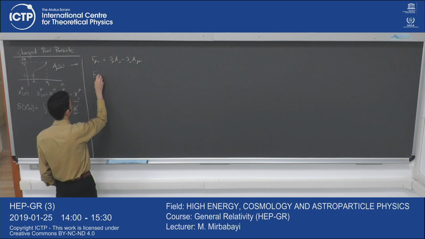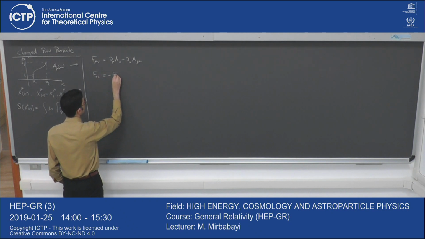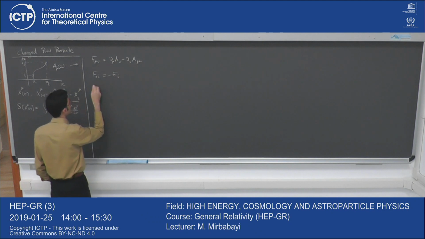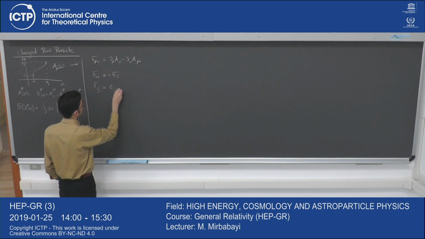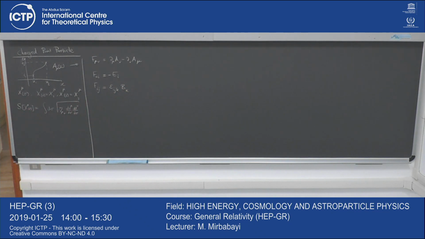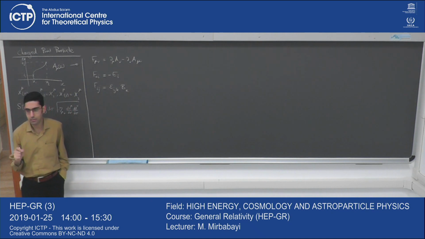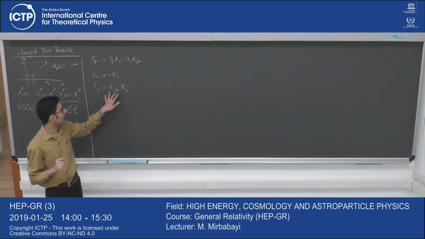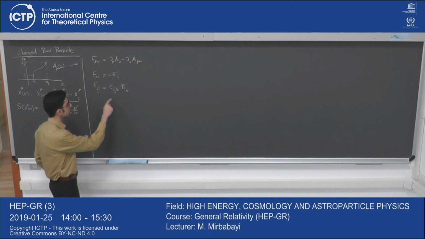F0i is equal to minus Ei, where E is the electric field, and Fij is equal to epsilon ijk Bk, where epsilon is the fully anti-symmetric symbol, a tensor, in the spatial coordinates.